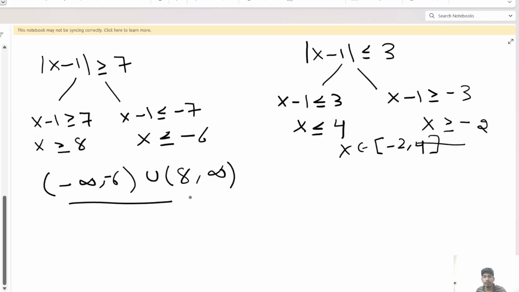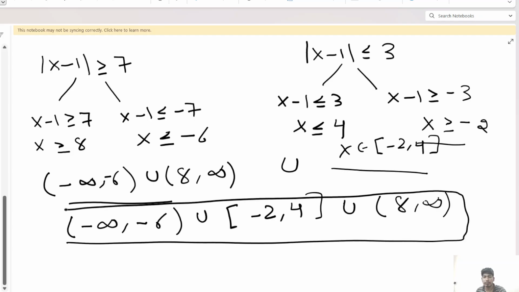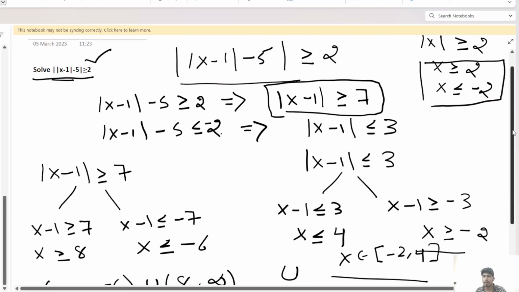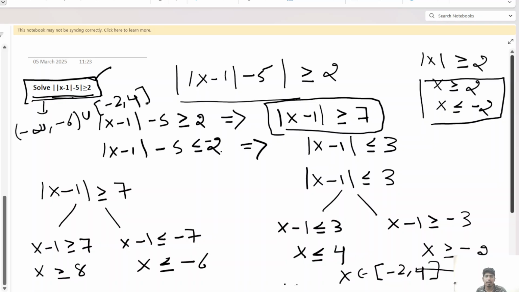So our solution is minus infinity to minus 6 union minus 2 to 4 union 8 to infinity. All the values from this set satisfy this inequality.